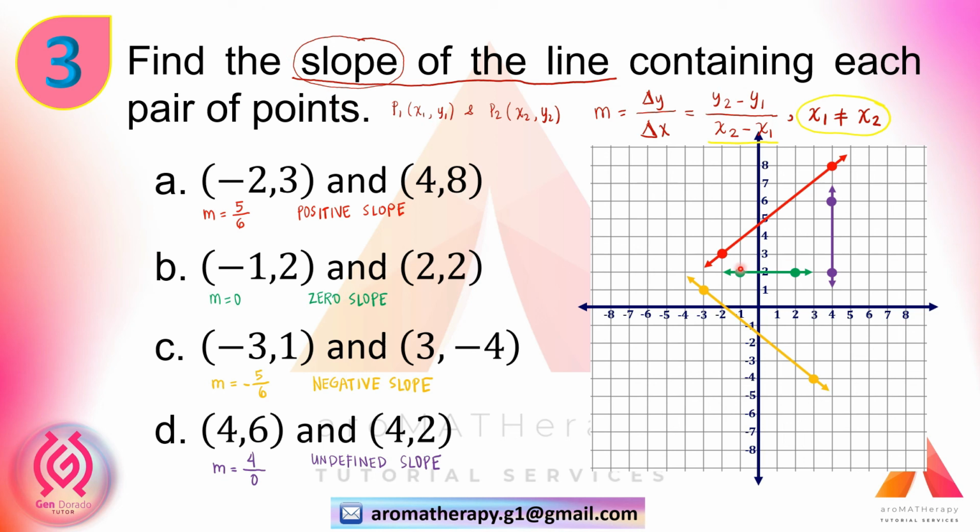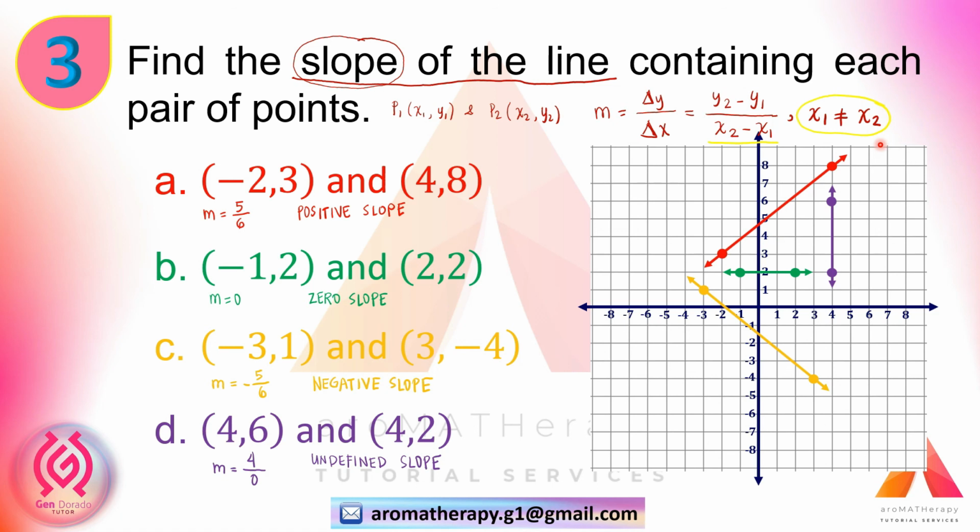Yes. This is your positive slope. This is your negative slope. Your zero slope and your undefined slope. So ito, para mas mag-gets mo or ninyo, lagyan natin ng color. Okay, gets na?